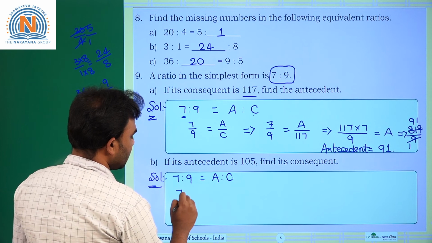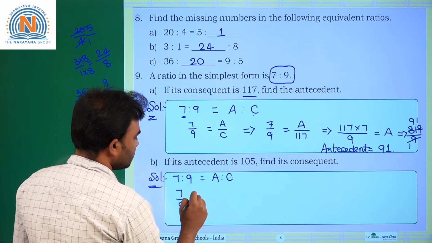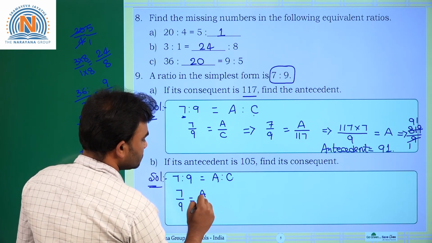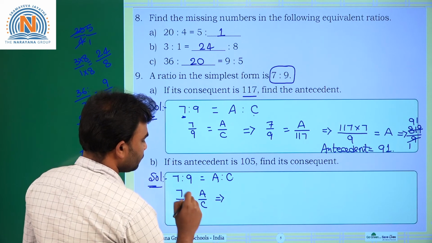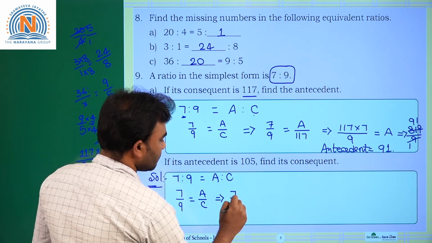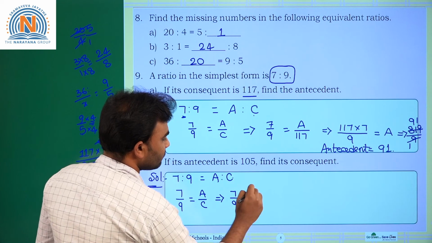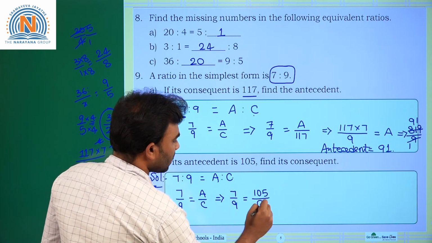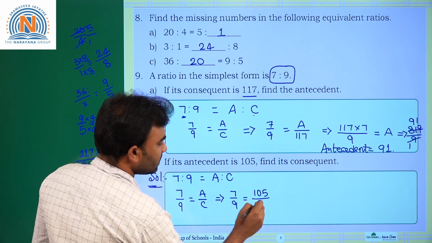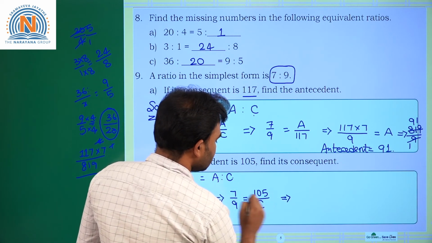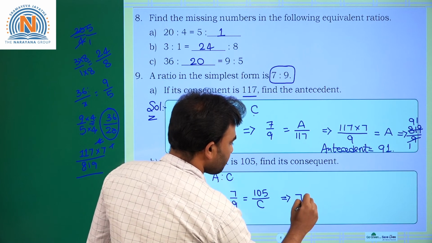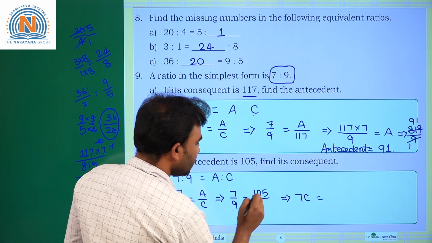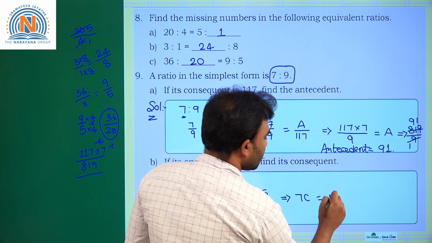Now this can be written as 7 by 9 is equal to A by C. From that, 7 by 9 is equal to the antecedent given, that is 105 by C. Now cross multiply both, 7 into C is equal to 9 into 105.